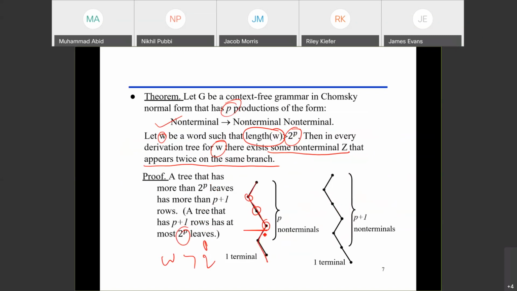It is not possible to go beyond 2 raised to power P. But if the word size is greater than 2 raised to power P, it means somewhere here it is not distinct. You repeat that production rule again. And if you repeat that, what does it mean? You will find descendant nodes there. If there are descendant nodes, it means there's a loop here. You can beef up the word. You can increase the size of the word. This is what it means.